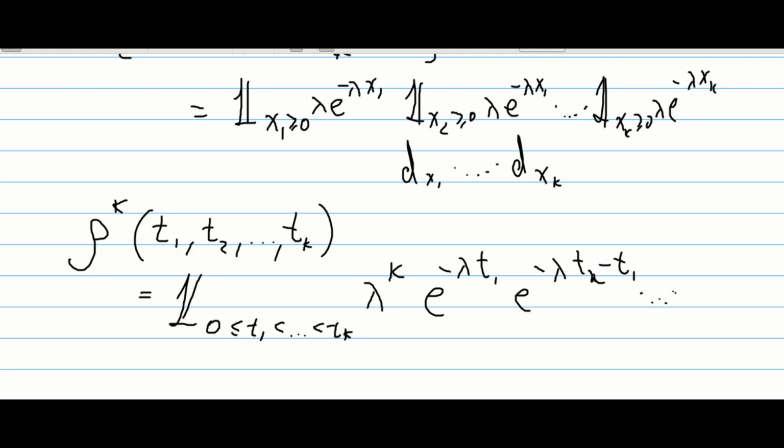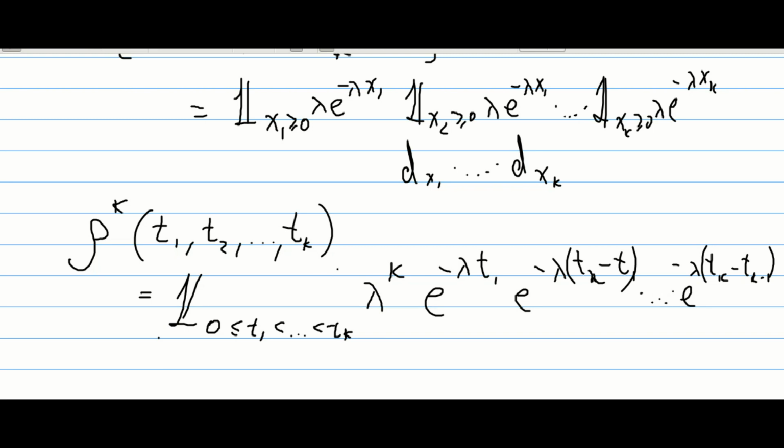And we can continue until lambda times tk minus tk minus 1. So this is the distribution of the tk's written as a density. They do have a density in Rk. They are forced to be ordered, and they have this nice product structure as well.